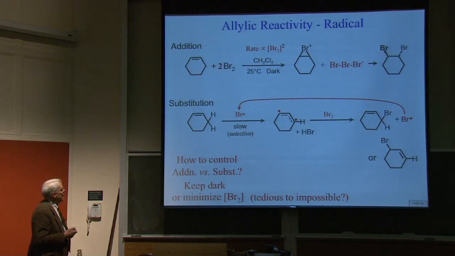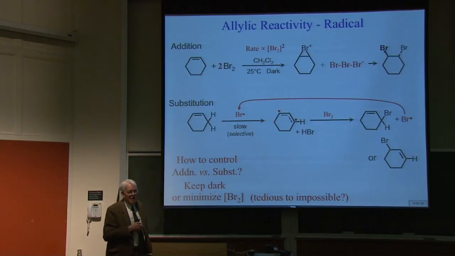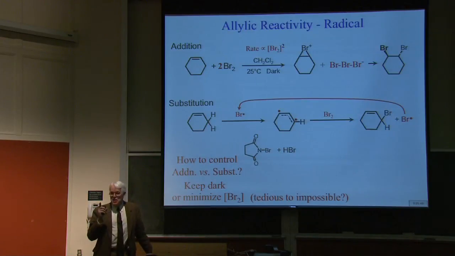This looks like it's tedious to impossible to maintain a really low concentration of Br2 while it's being consumed all the time. But notice that this reaction also yielded HBr, right? Whenever that happens, if we have N-bromosuccinimide plus HBr, that's the reaction we looked at on the previous slide that destroys N-bromosuccinimide, takes it back to succinimide. And remember what the other product was?